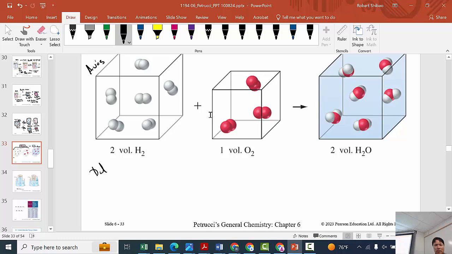If we do this under Dalton's, we'd set it up differently. Let's say what I do is I just take, let's say this is a 1 liter box here. So this is the question I asked earlier. So if I have 1 liter of oxygen, how many liters of hydrogen do I need to add to it under Dalton's?